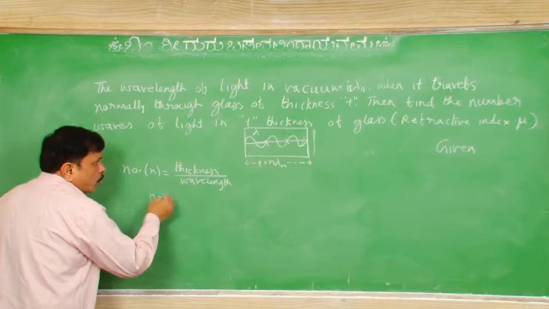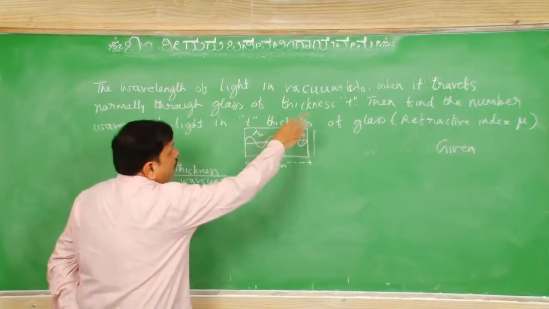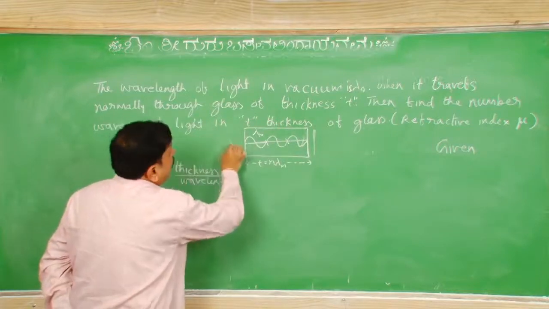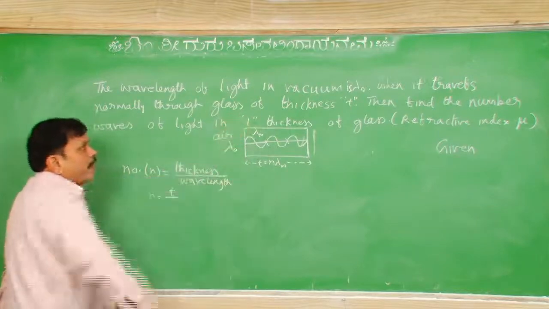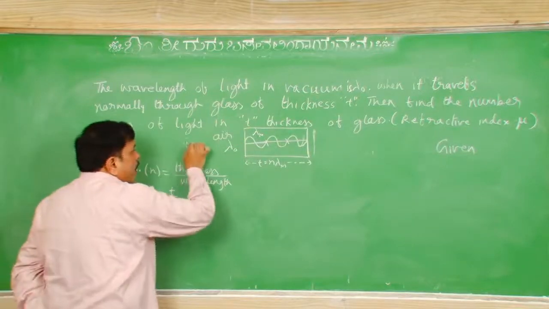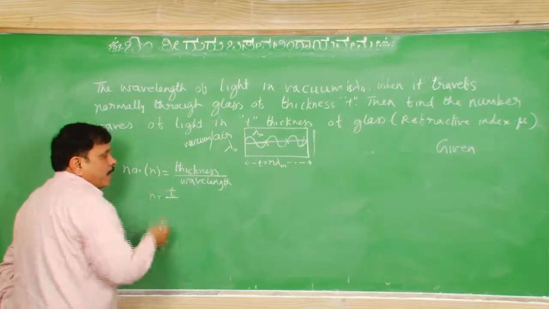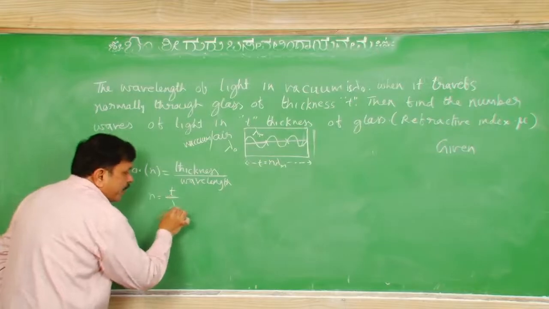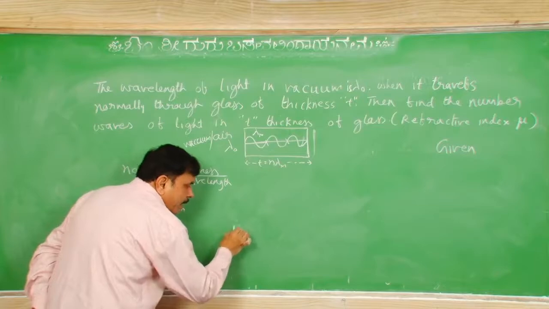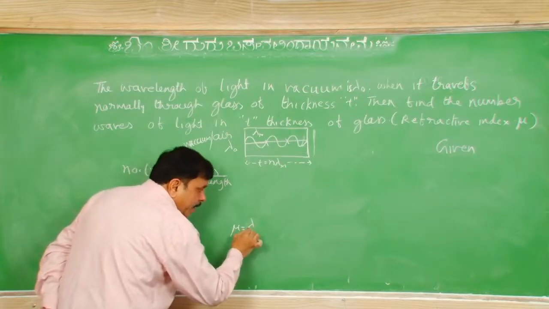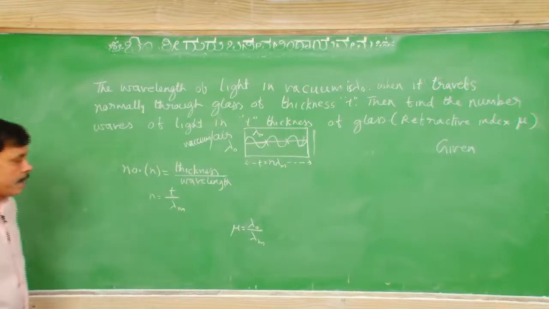Now n equal to thickness T divided by the wavelength in the medium. Well, the wavelength is given in vacuum or air to be lambda naught. So we can write this as T by lambda m. But we know refractive index is equal to lambda in air by lambda in medium, so lambda in air is lambda naught.